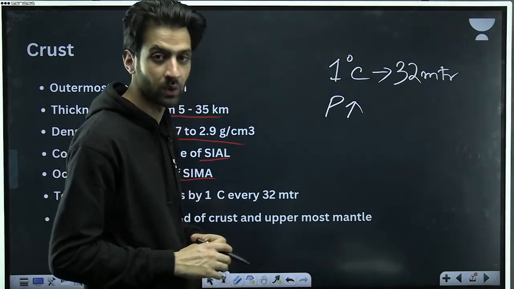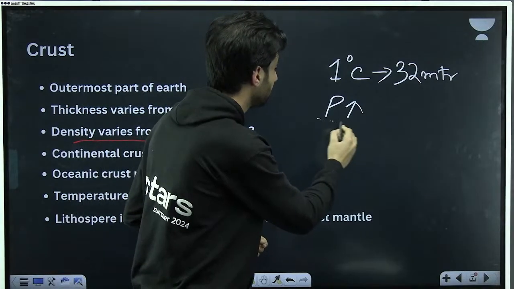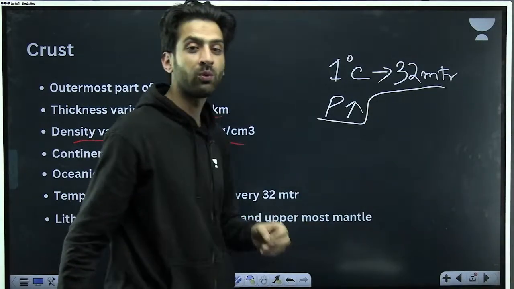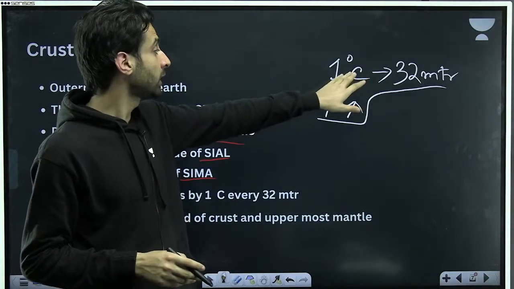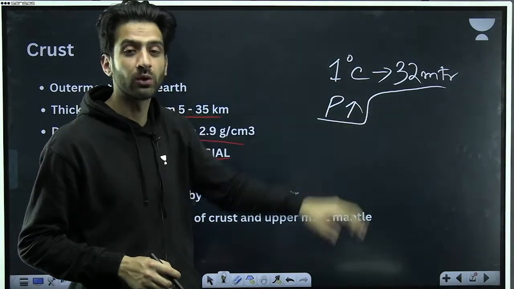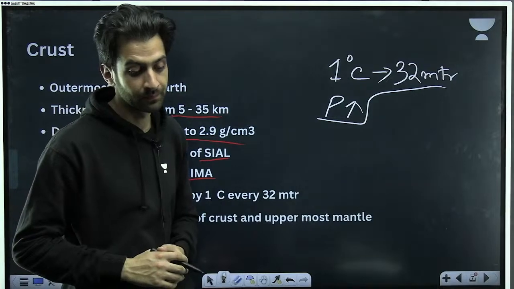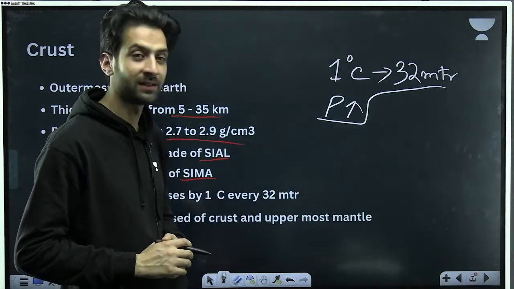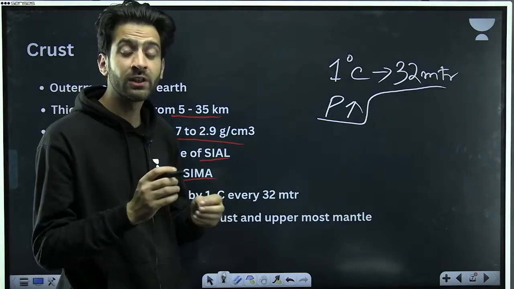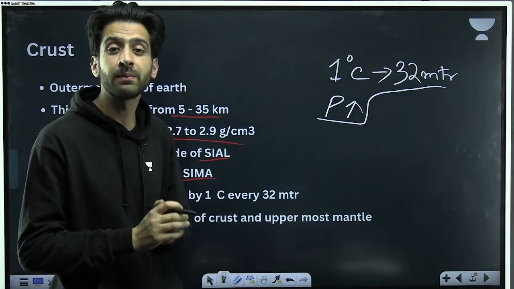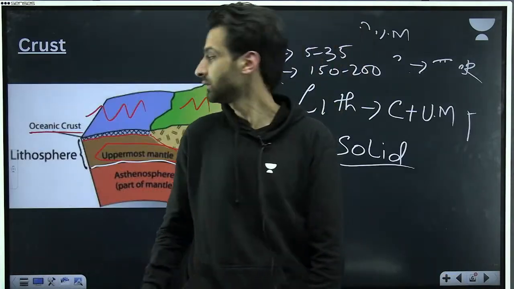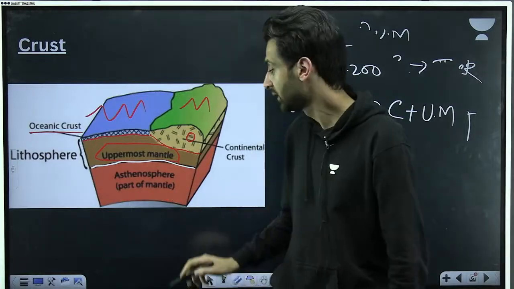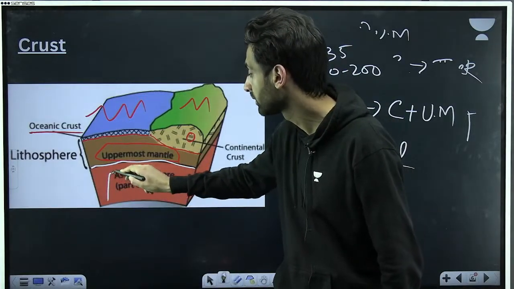Okay. See, all that we have discussed up until now was solid. Now imagine the temperature is increasing at 1 degree per 32 meters. What is going to happen? What do you think? When we go deeper, there is radioactive activity going on as well. So the temperature there is very high. If you look at the image again, the layer we are looking at here is the asthenosphere.